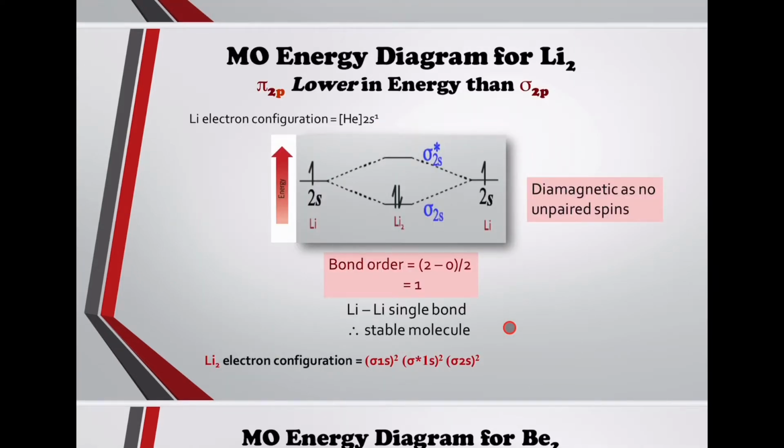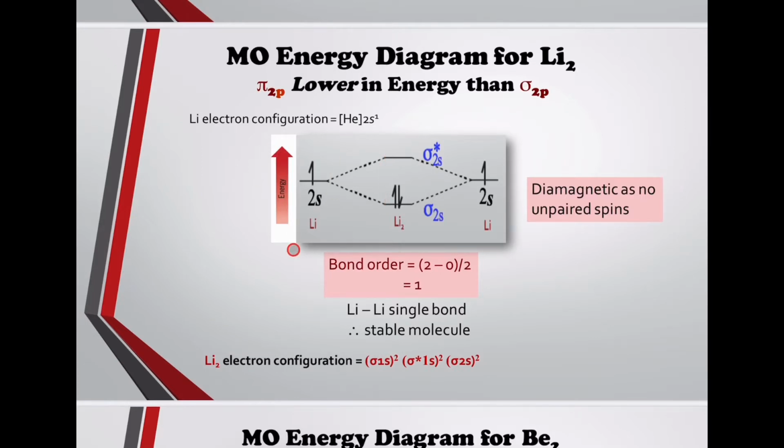So that's why when you draw for the lithium electron configuration here, we just draw the molecular orbital diagram for the 2s1. We look at the valence electron.